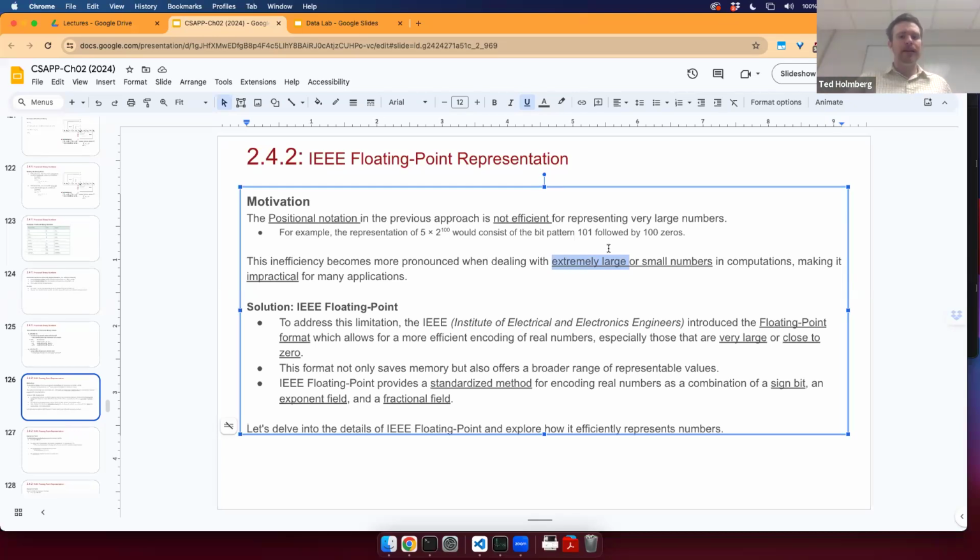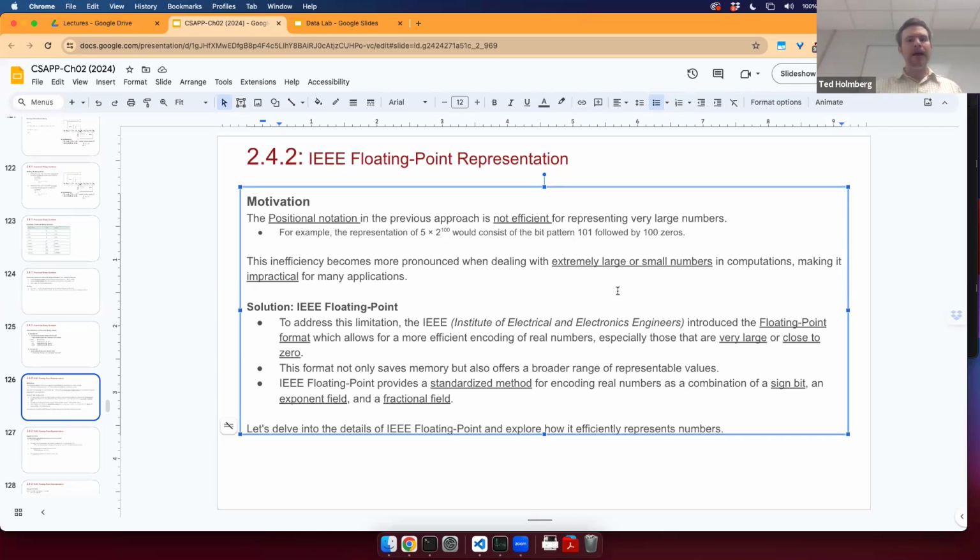So the solution here to address this limitation is to introduce this floating point format, which will allow us to get these very large or close to zero values. And what we're going to see by this, there are some interesting consequences with this standard. We'll actually see a visualization of how this works.